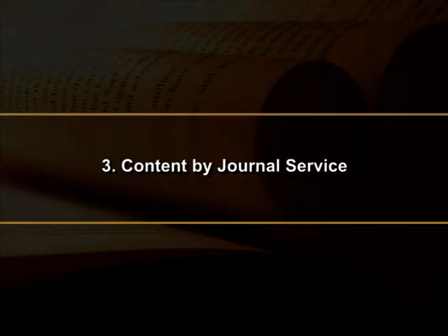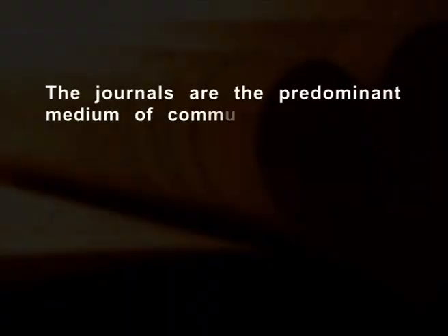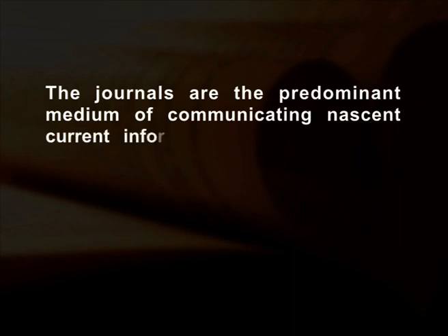3. Contents by journal service. This service is perhaps the cheapest and quickest way of providing a degree of current information. The logic behind this service is that the journals are the predominant medium of communicating nascent current information.